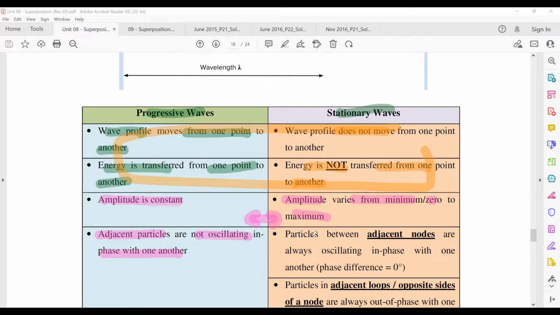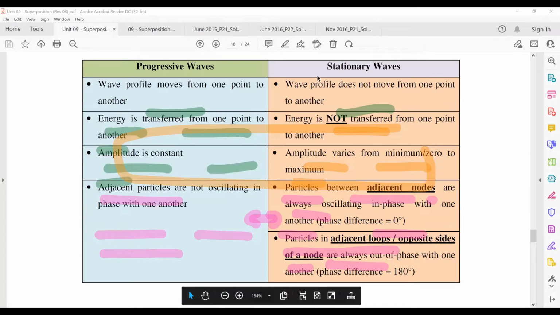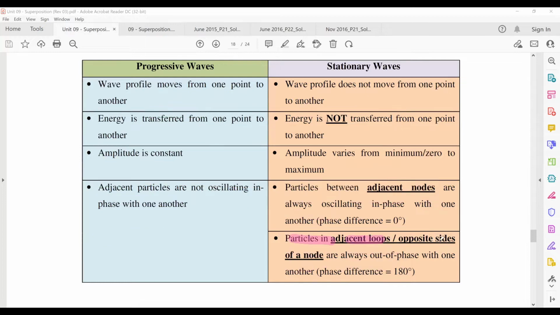Particles between adjacent nodes are always oscillating in phase with one another with a phase difference of zero, whereas particles in adjacent loops, or opposite sides of a node, are always out of phase with one another because they have a phase difference of 180 degrees.